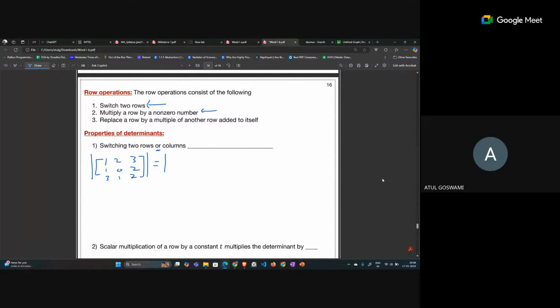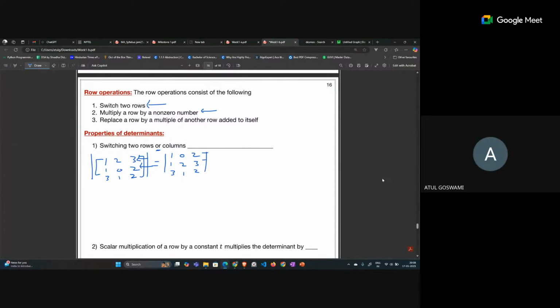We can switch any two rows. Suppose we take the first row and second row and interchange them. So 1, 0, 2, the second row, I write in place of the first. The first row 1, 2, 3 goes second, and then 3, 1, 2. So I have changed these two rows.